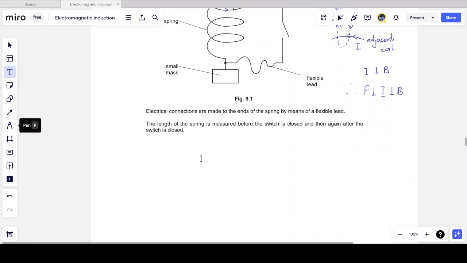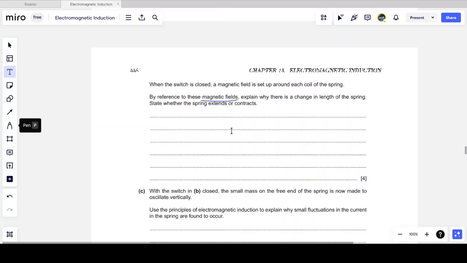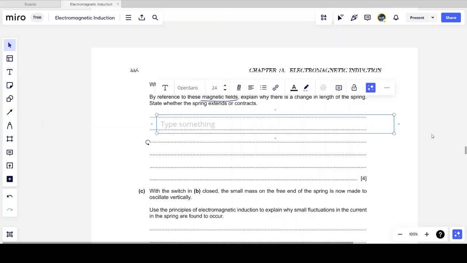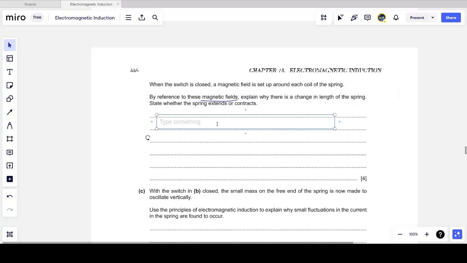So the length of the spring is going to decrease. So how do we answer this, or try to answer this in a very clever way? What we know is that each coil of the wire is normal to the magnetic field, or perpendicular, whichever word suits you.